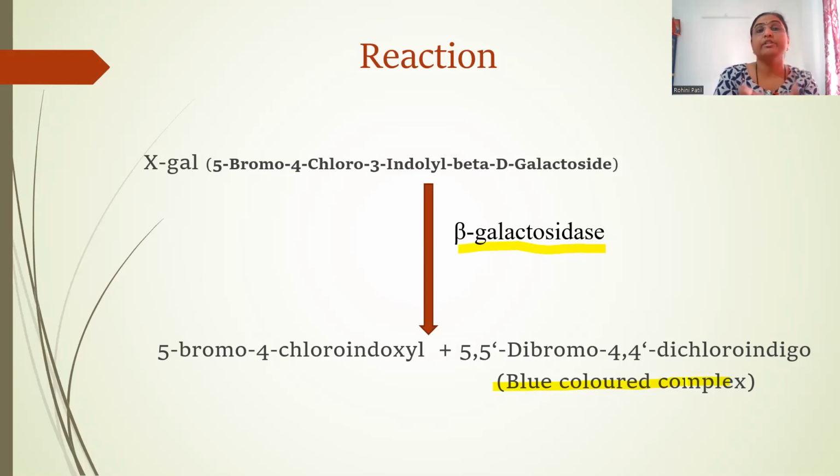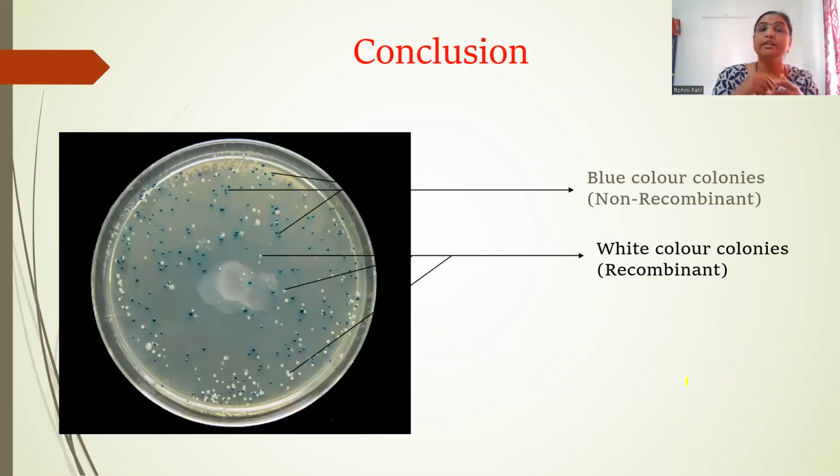That beta-galactosidase can act on the X-gal, and it is going to give you the blue colored complex, and as there is a blue colored complex, the colonies that you are going to observe on the plate, on the growth medium, will be blue colored.